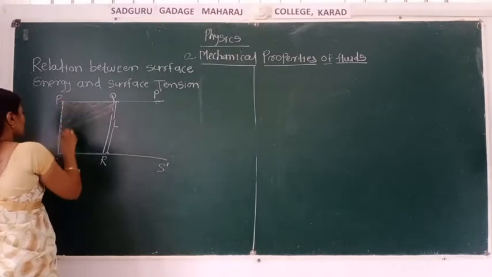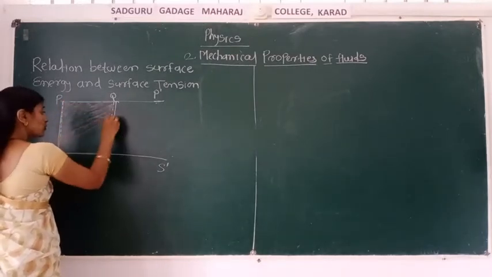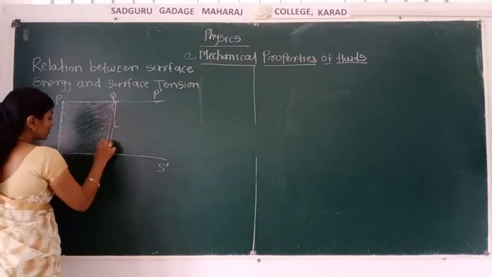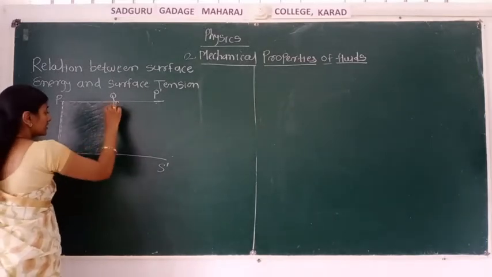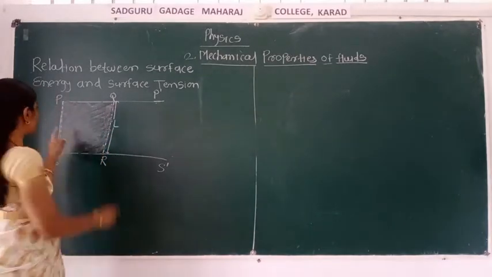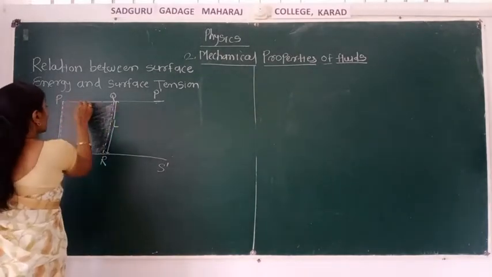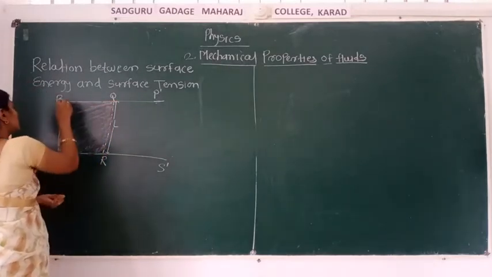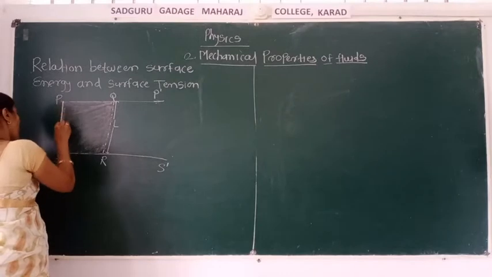Because the rectangular frame is dipped in the soap solution. After dipping, it is taken out and held horizontally. Then we can see one soap film present within the boundary PQRS.